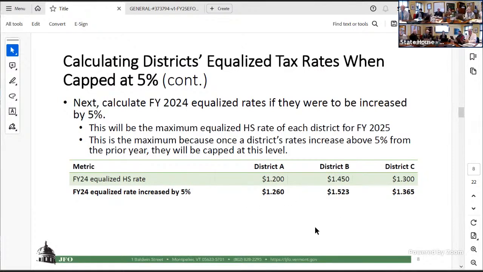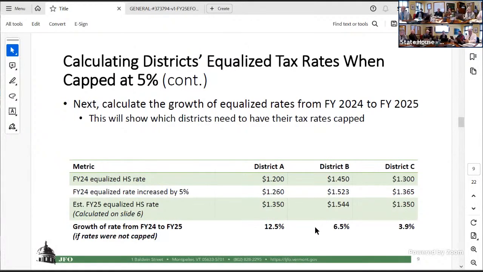So this is what the equalized rate would be. So we know this is the maximum for these districts in terms of their equalized rate because it can't be increased by more than 5%.